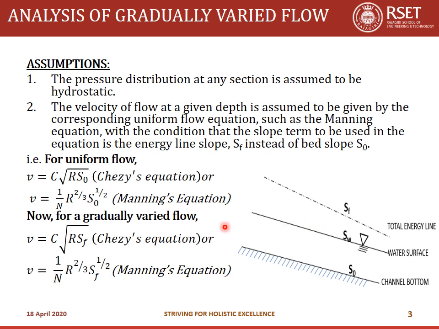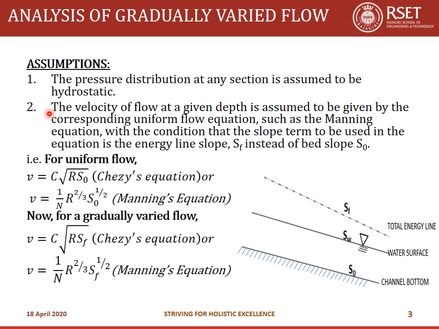If we are using Manning's equation, V is equal to 1 by N R raised to 2 by 3 SF raised to 1 by 2. So you can see the difference. In uniform flow, for slope, we used the channel bottom slope, whereas for gradually varied flow, we will be using the energy line slope.